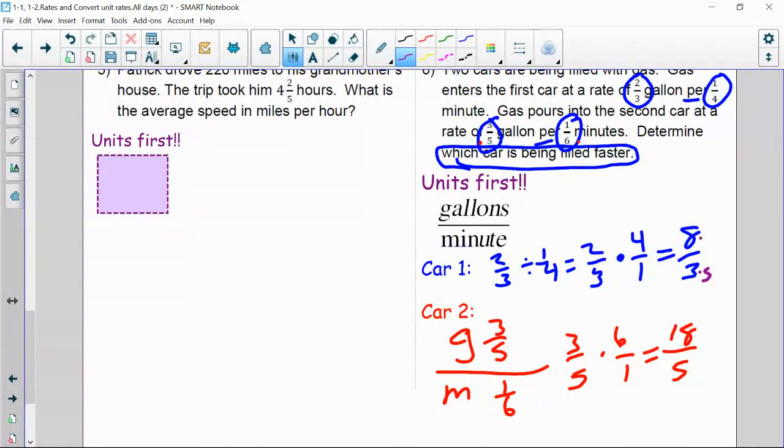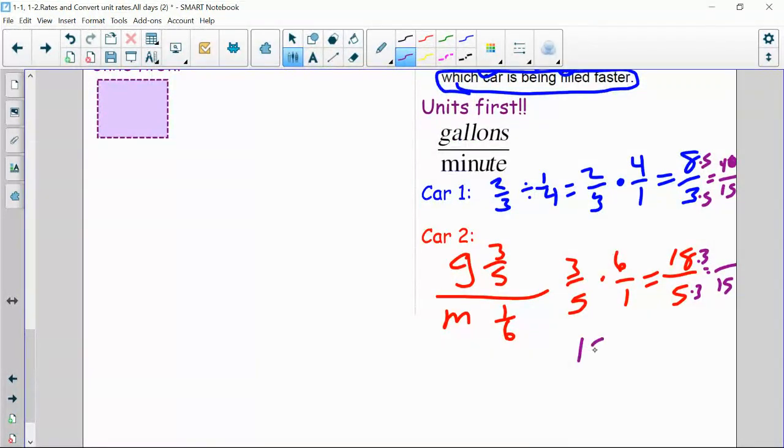So 8/3 times 5 over 5 gives 40 over 15, and 18/5 times 3 over 3, I know 15 is going on the bottom, and then what is 18 times 3? 54.